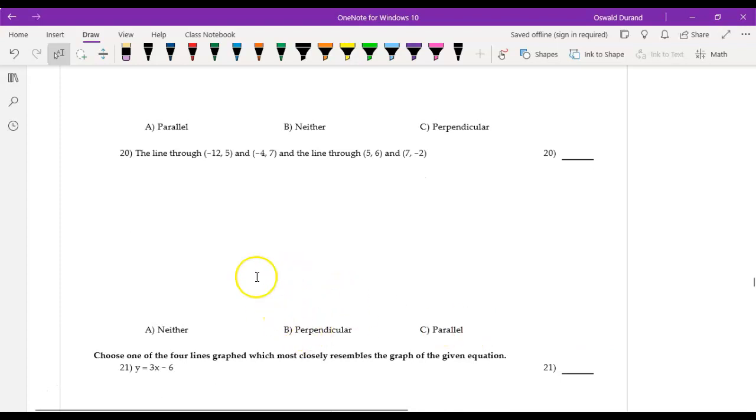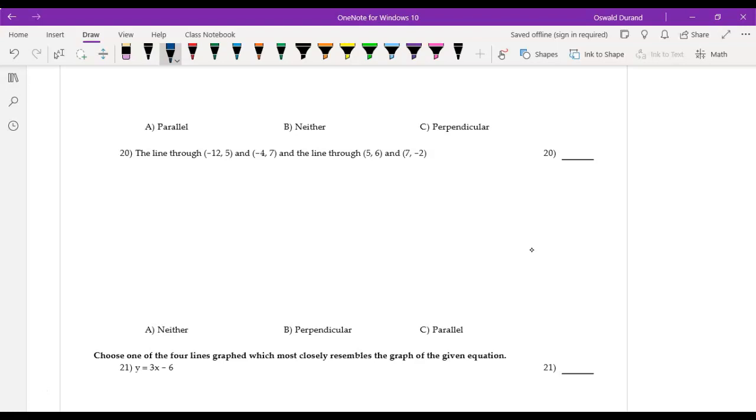Let's do a 20, because it's going to end up being perpendicular, and you'll see what to expect. If it's neither, that means the two slopes have nothing in common from what we've seen. They don't fall into the category of parallel, and they don't go into the category of perpendicular. Okay, so that would be neither.